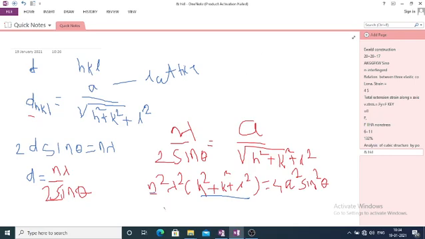So we can say n square times h square plus k square plus L square is equal to suppose n.